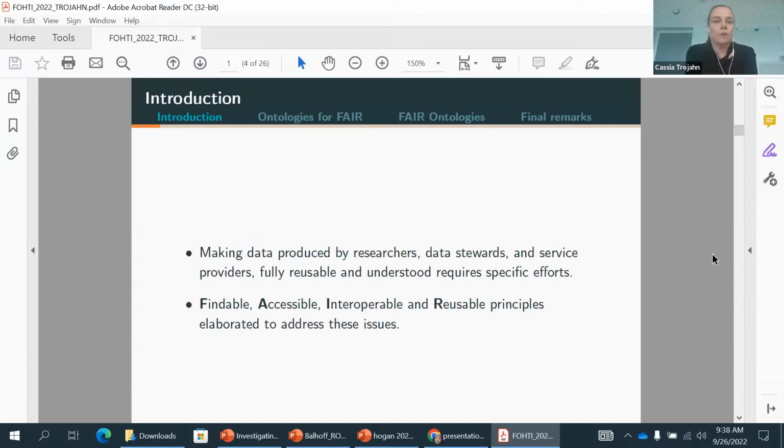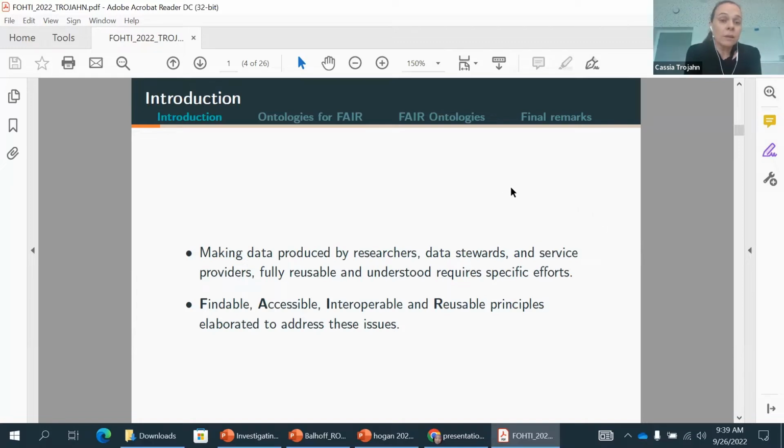As Gary has already introduced in his talk today, you have to make data available and usable. Data produced by different scientific researchers, data stewards and many service providers, an incredible number of data sets, need to be made reusable and understandable.